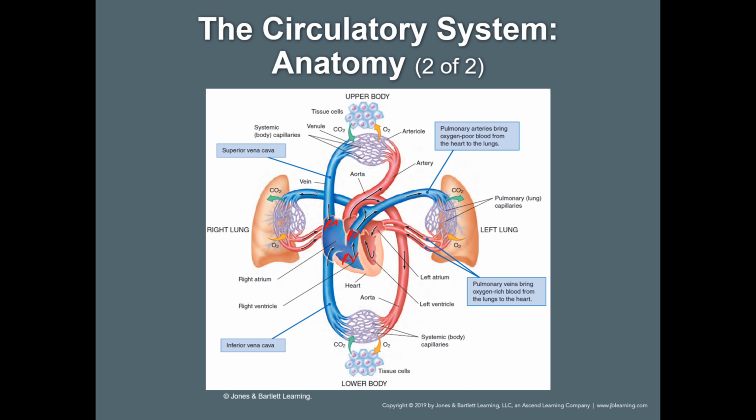Once we pick up our CO2, it's now dirty blood, and back the way we started, through the inferior and superior vena cava. You have to know it and know it a little more, because everything revolves around that process.